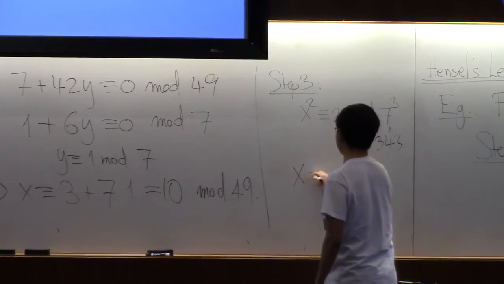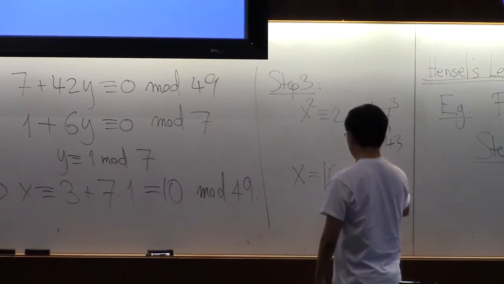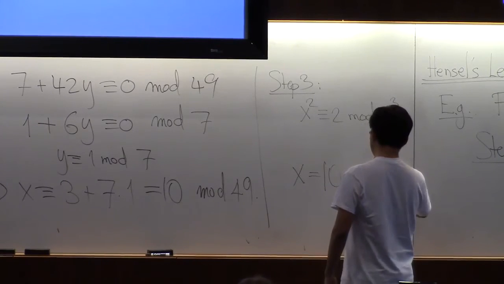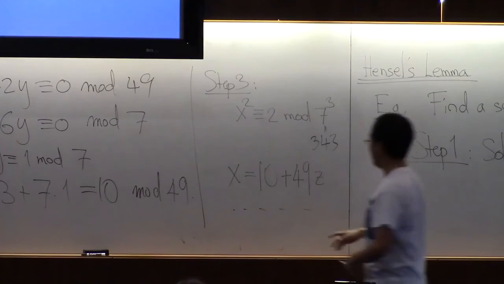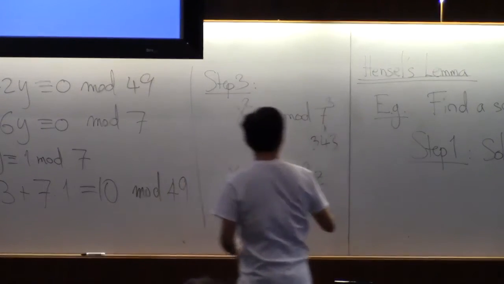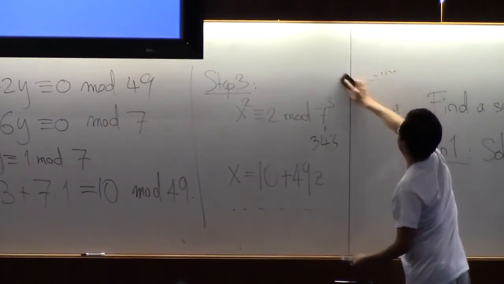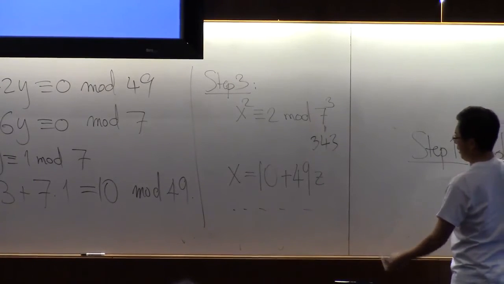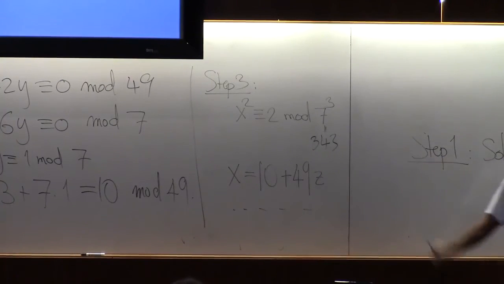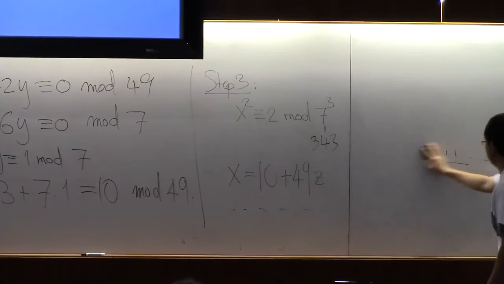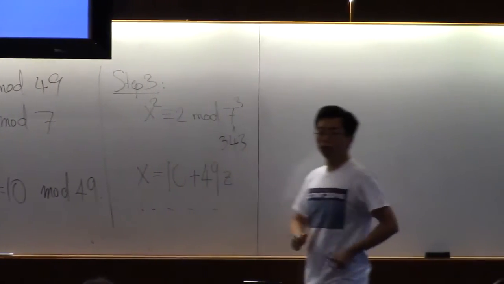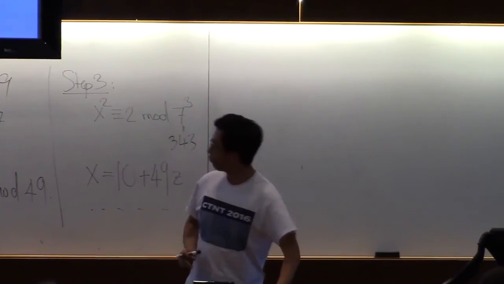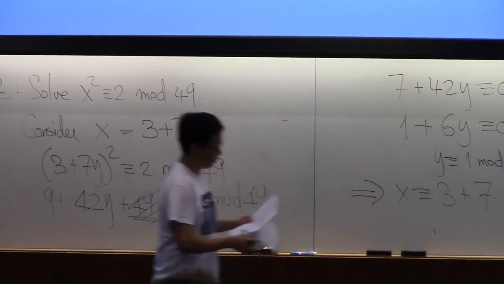So you take x to be equal to 10 plus 49 times z, and then repeat the same argument. When you square this, the term involving the square of z will be divisible by, I think this time, 7 to the 4th. Now, when you reduce modulo 7 cubed, it goes away, and it becomes a linear equation which you know how to solve. So that's how you get the square root of 2 in Z7.